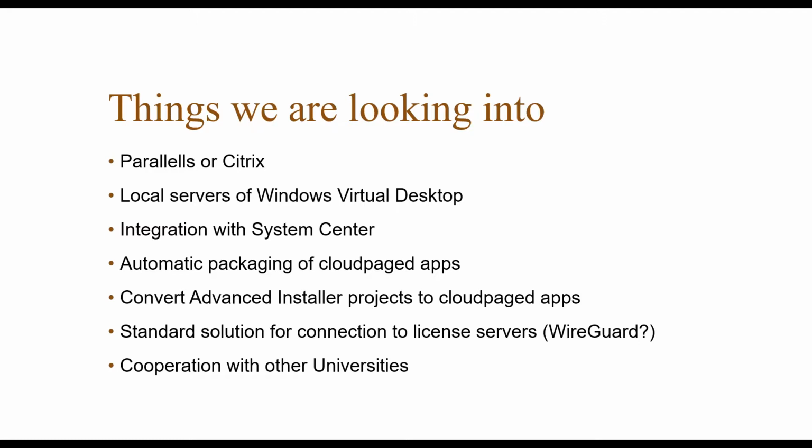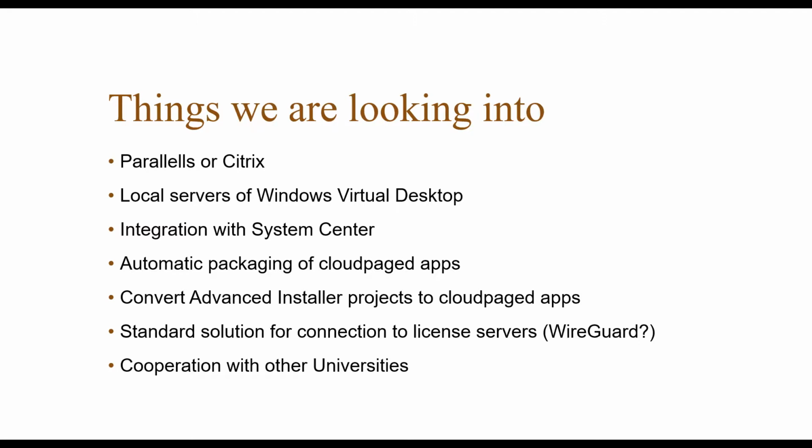And I have been looking to, in the Cloud Page application, maybe put some kind of tunneling for just the license servers for that specific application. I don't need to connect VPN to the university to run a specific software, but I need to have access to the license server for that software.